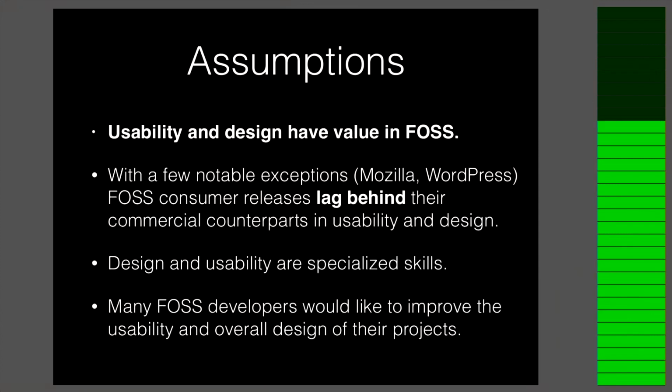If you have the ability to bring in a trained designer or UX professional on your open source project, I would really advocate that you go that route, because it's a different mindset, it's a different set of skills. And my assumption is that people want their projects to be the best and would like better skills.